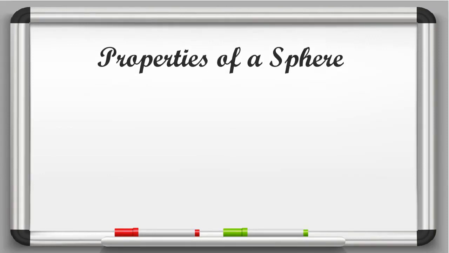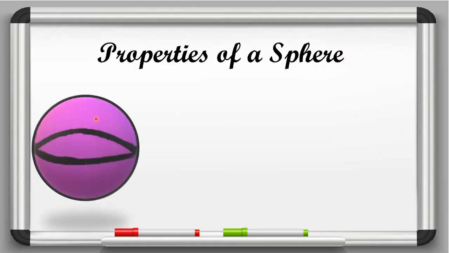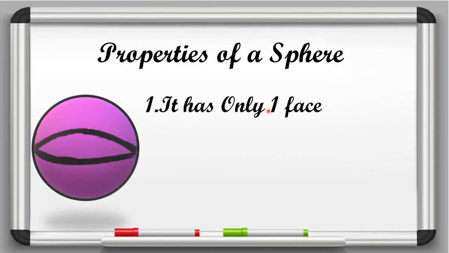Now beta, properties of a sphere. Okay, so now we will write the properties of a sphere here. So here is a sphere shape. Now we will write its properties. So the first property is it has only one face.